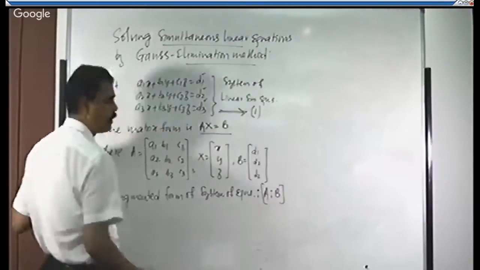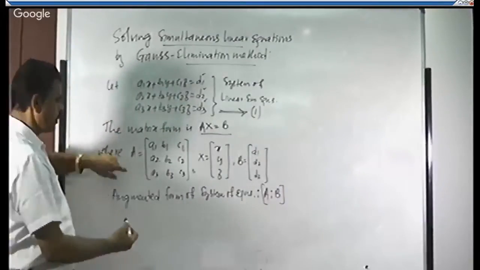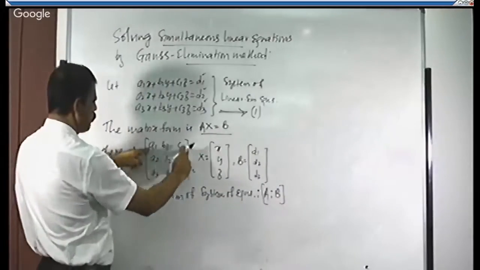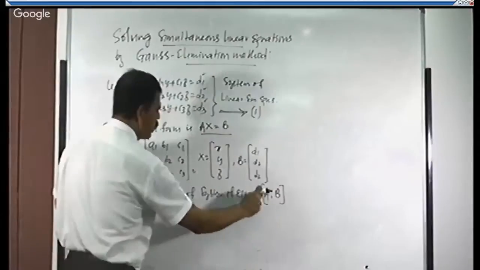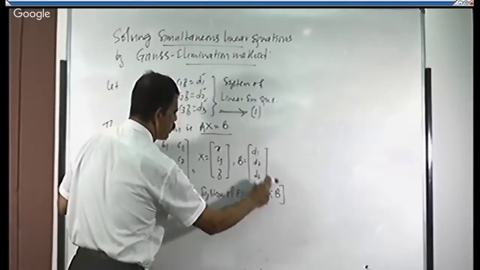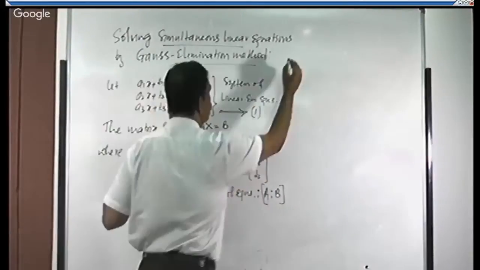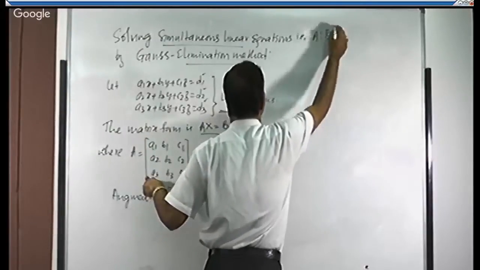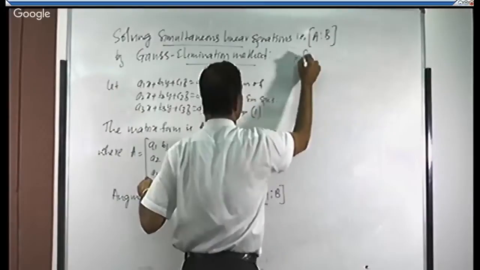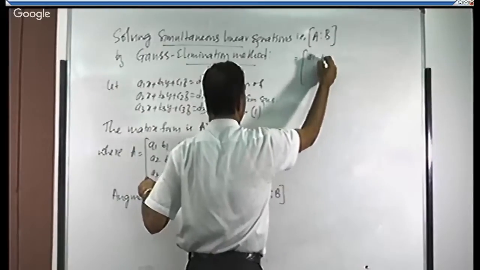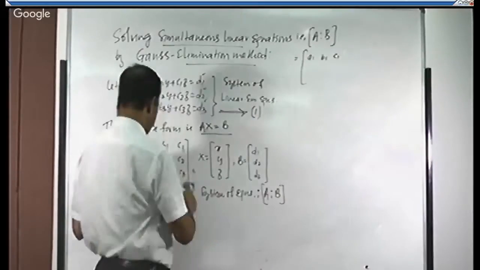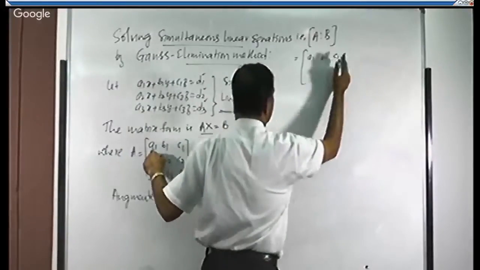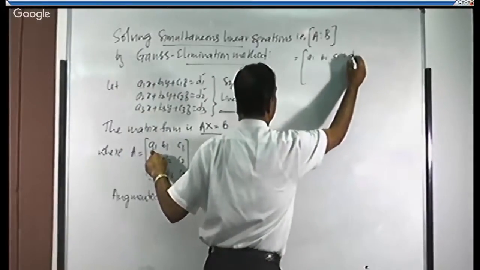Determinant of A is to B. See how to write the augmented form. You take the matrix A is to constant, that is B: D1, D2, D3. That is A is to B can be taken like this: A1, B1, C1, that is the first row, is to corresponding constant, which is D1.